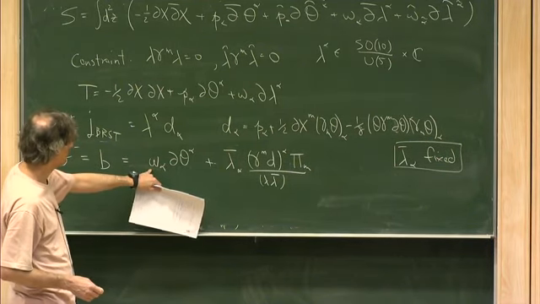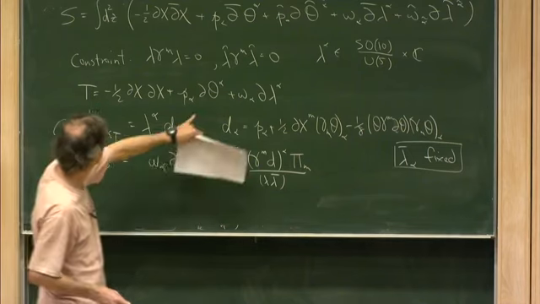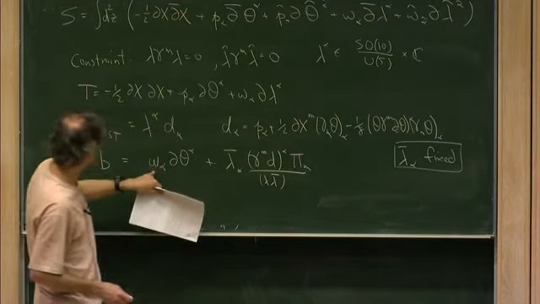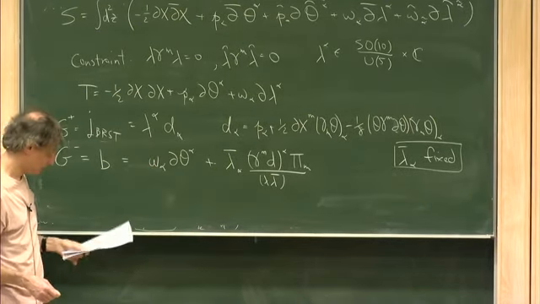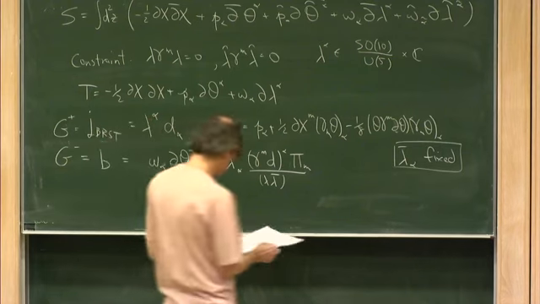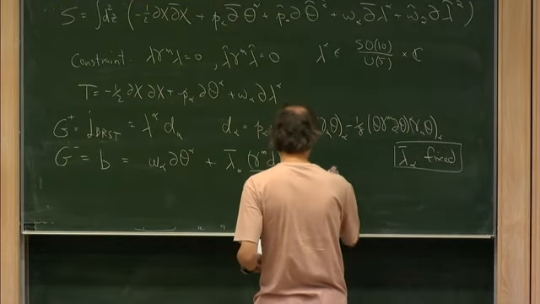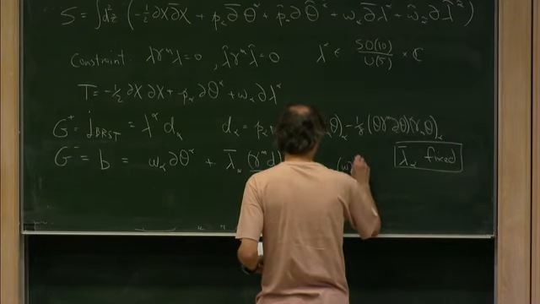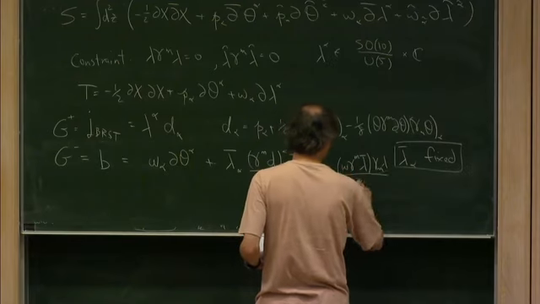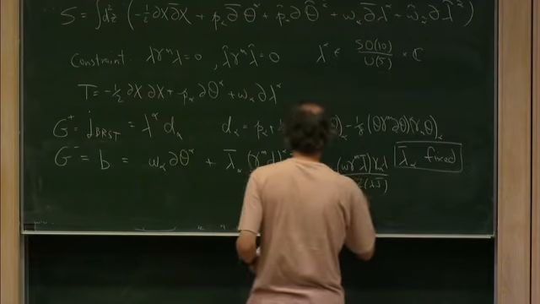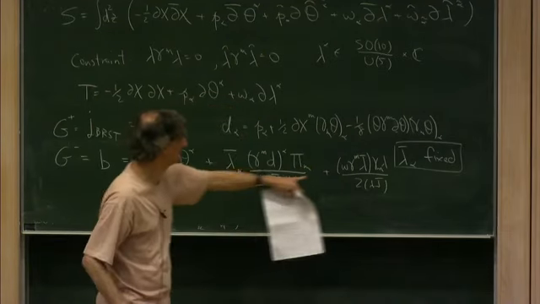Now there's one more thing I should say, which is because of this lambda gamma lambda constraint, this object is not gauge invariant. W alpha doesn't commute with lambda gamma lambda. But you can add a term which makes it gauge invariant, which is of the form, so when you do the gauge transformation of this, it cancels the gauge transformation of this.